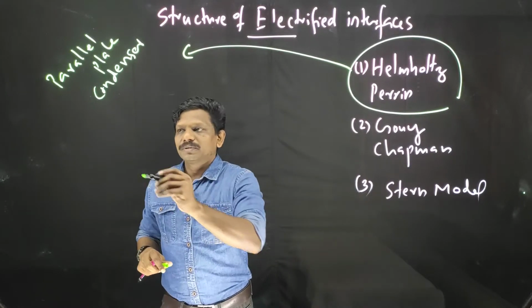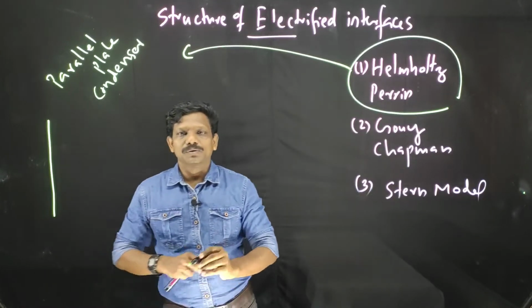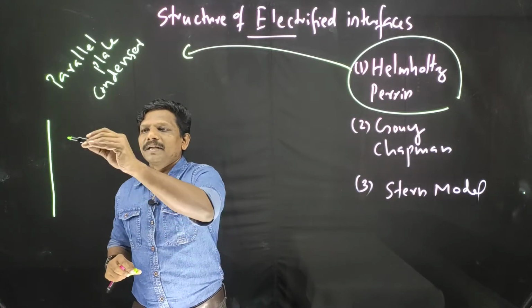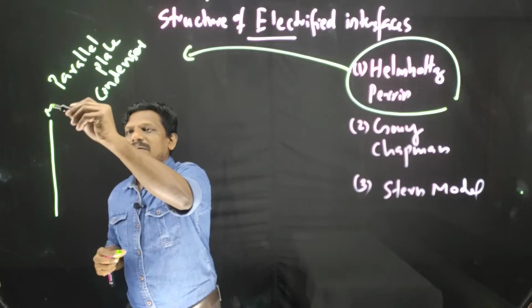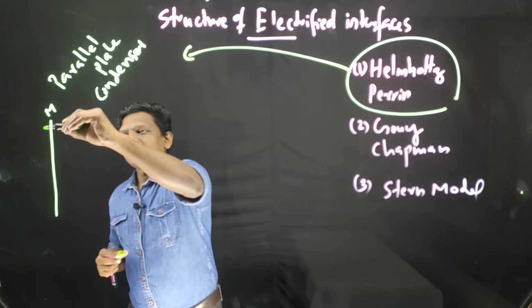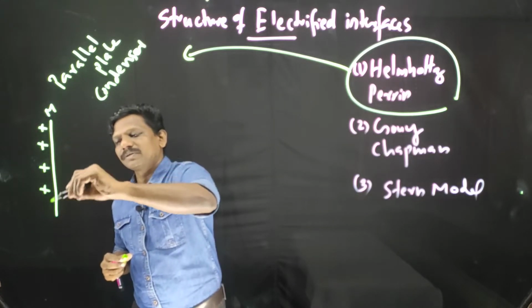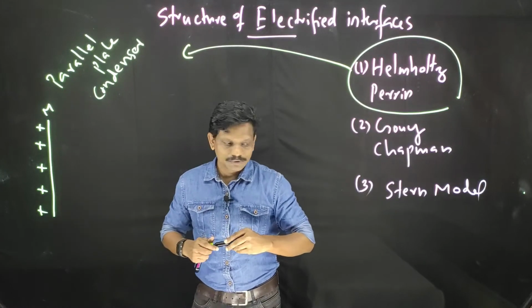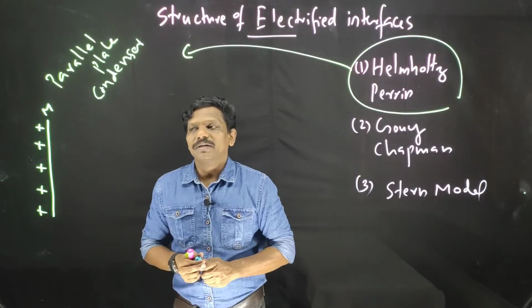Suppose this is your electrode in contact with the solution. So this is your metal electrode. Let me first mark the positive charge here. Suppose the metal is positively charged.